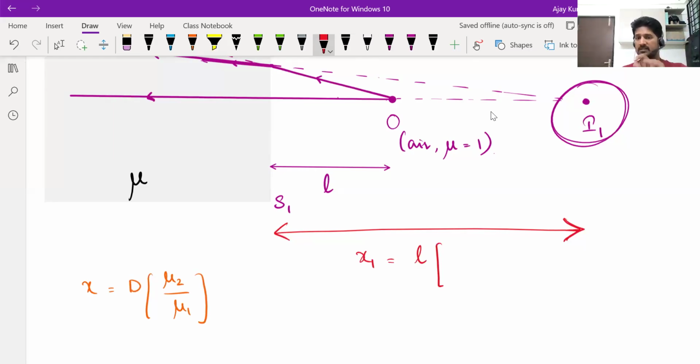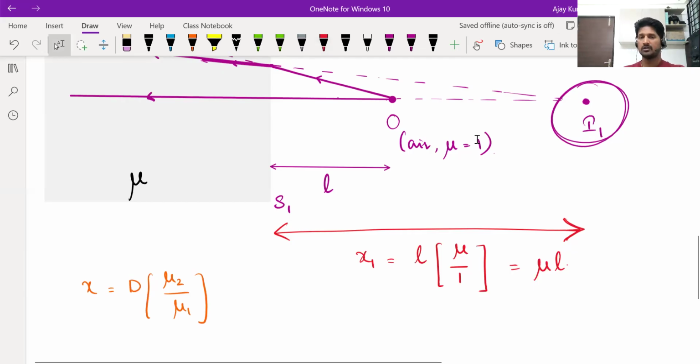Mu1 is the medium in which incident rays are present. Incident rays are coming from the object. Object is in air. So mu1 is that of air. Mu2 is the medium in which refracted rays are present. They are present in glass. So mu2 will be the refractive index of the glass. So that will be mu into L. Okay. Now what is this mu into L? Mu into L is the image distance from the first surface.